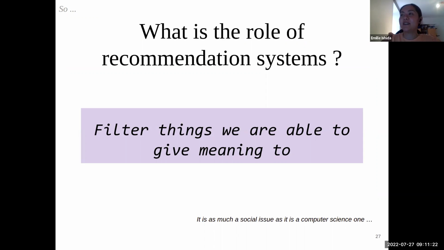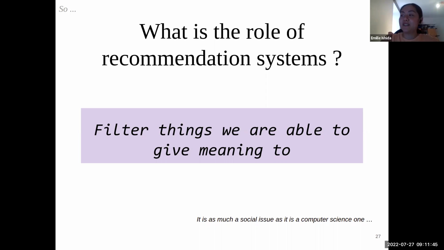And I think that the answer to that question is that recommendation systems, the main role that they have is to filter things that we are able to give meaning to. Otherwise, even if it's an absurdly new object, we will never be able to add meaning to it and make that into a scientific discovery.